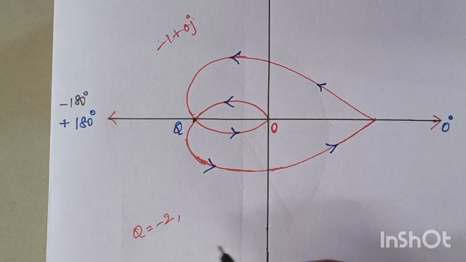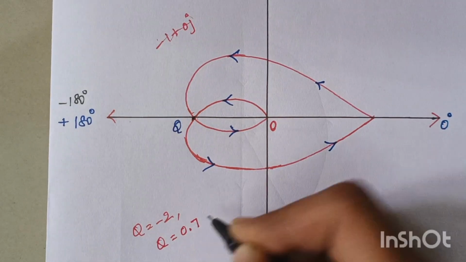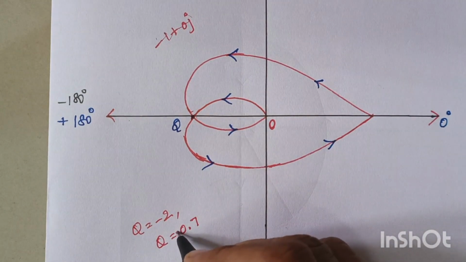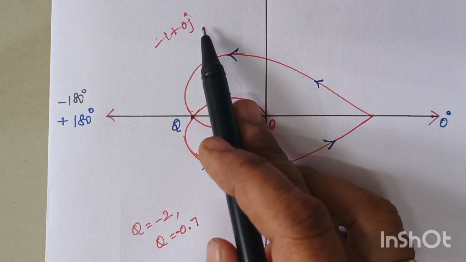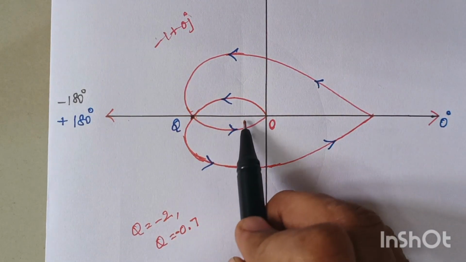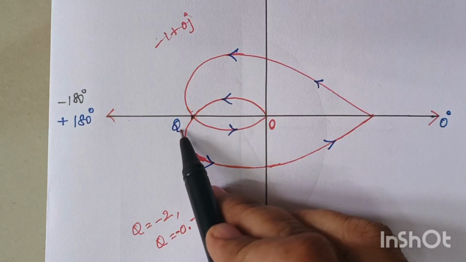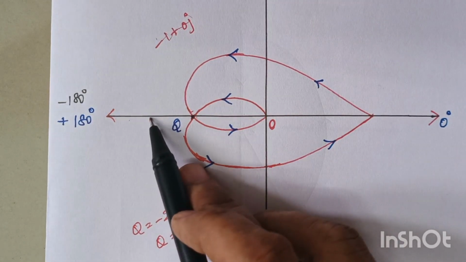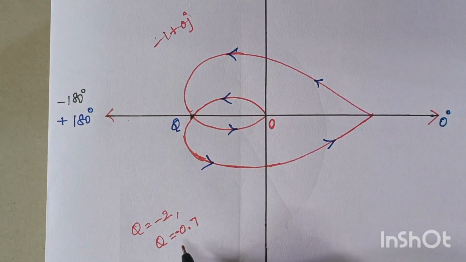For example, if the value of q is minus 0.7, then what about the point minus 1 plus 0j? Will it lie inside this area or outside, because this is 0.7? Automatically minus 1 lies outside. So this point is not encircled if the value of q is minus 0.7.